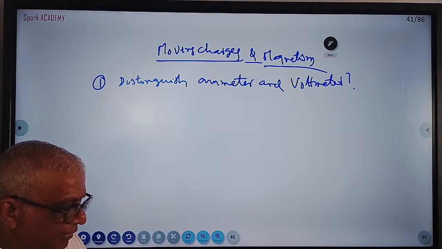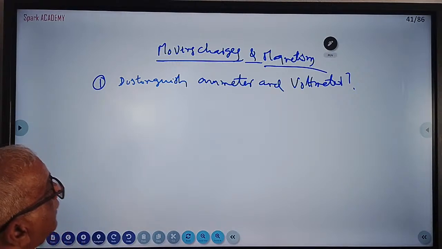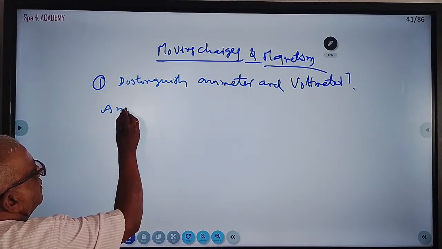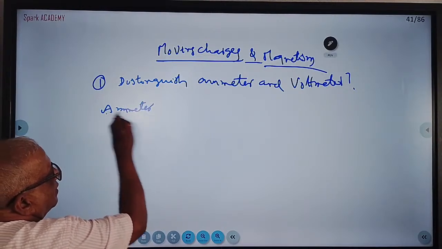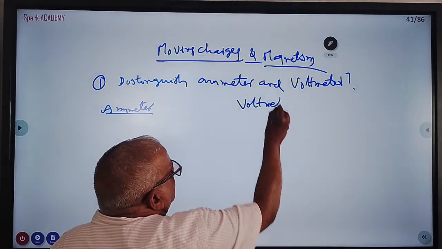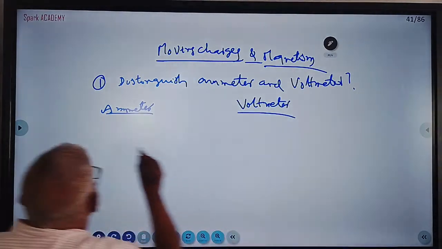So what is an ammeter? What is a voltmeter? If I write a tabular column, ammeter here and voltmeter here. Ammeter measures current.